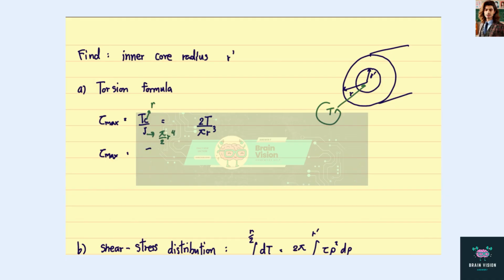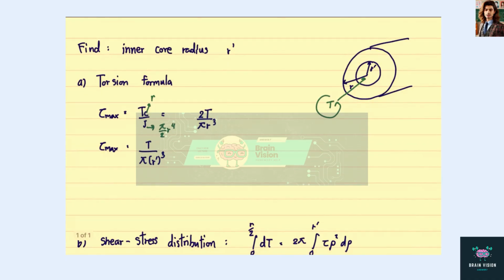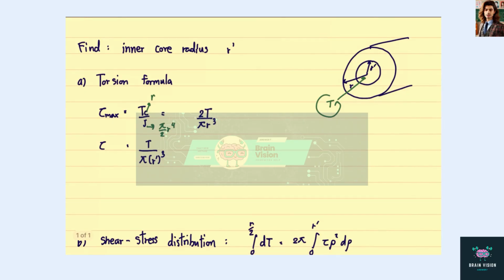T divided by pi R_i to the power of 3. Now, sorry, this is not tau max, this is tau. And we have that tau is actually R_i over R times tau max.